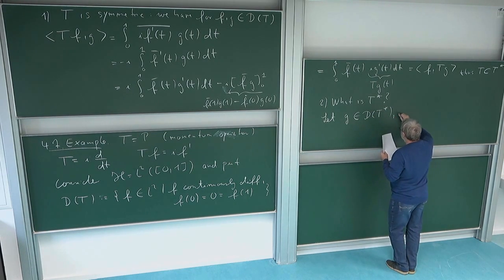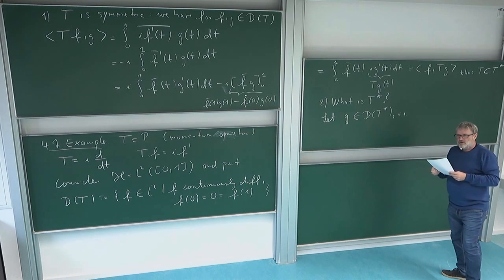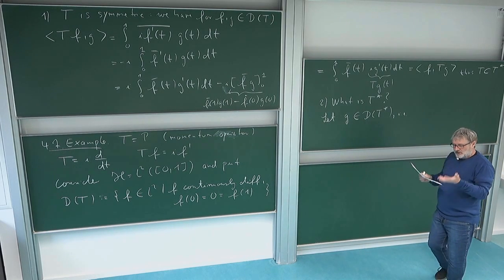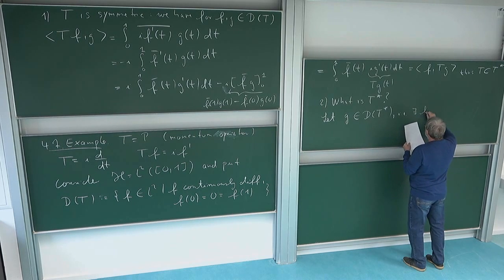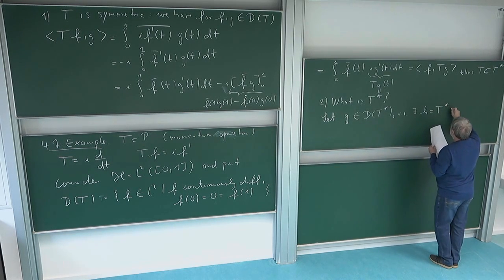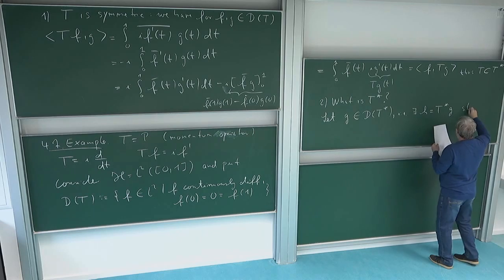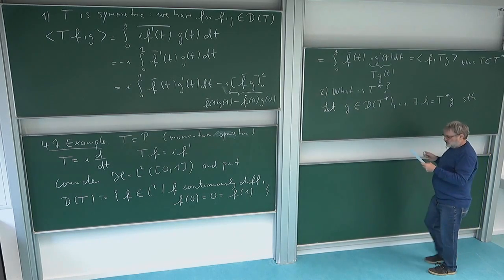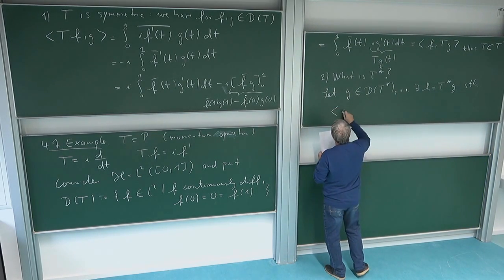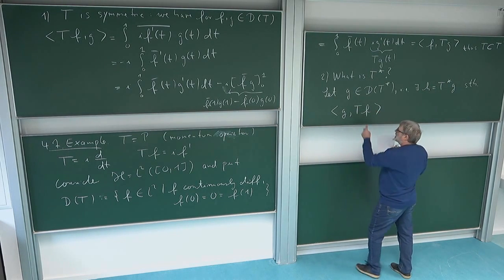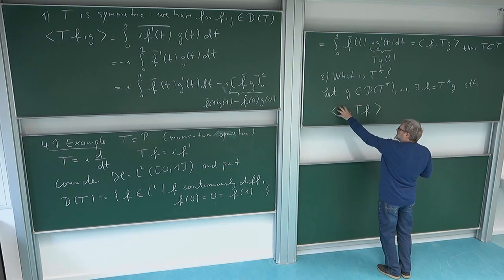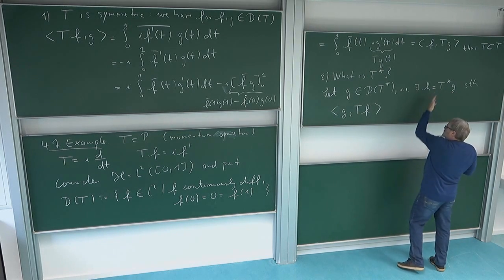And what does it mean? How is the domain of the adjoint of an operator defined? It means we must find an h, which then will be the T star of g, such that this h has the property: if I'm looking at the inner product g, Tf, I can bring the T to the other side, and what appears here is this T star of g, so it is this h.